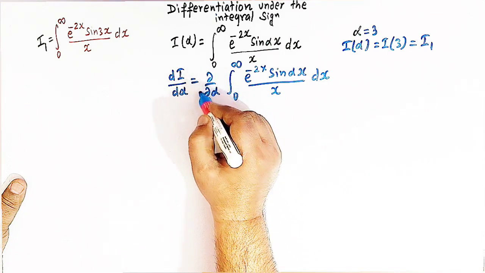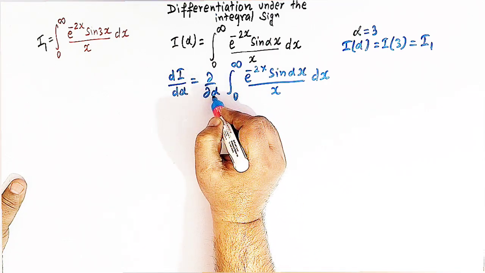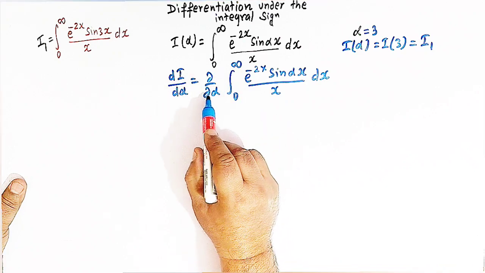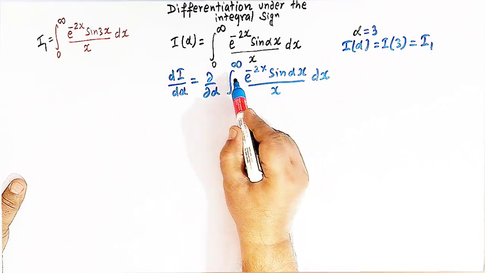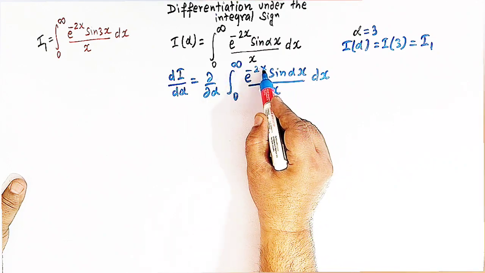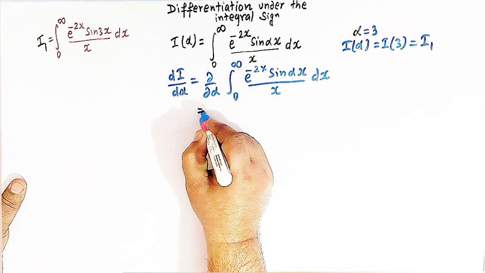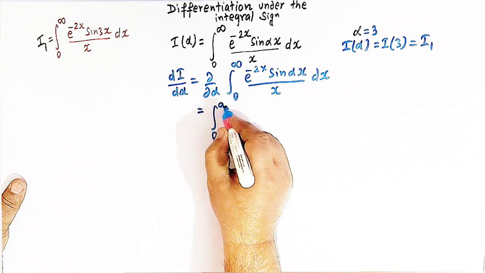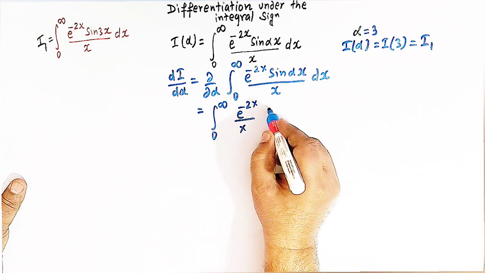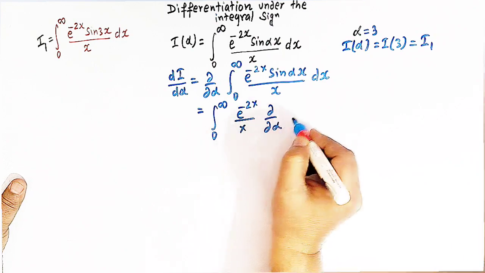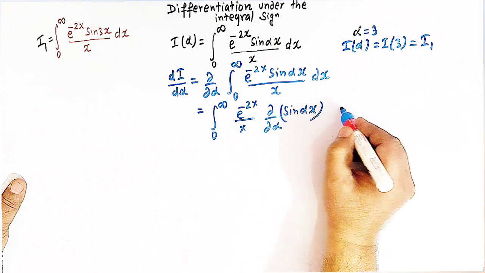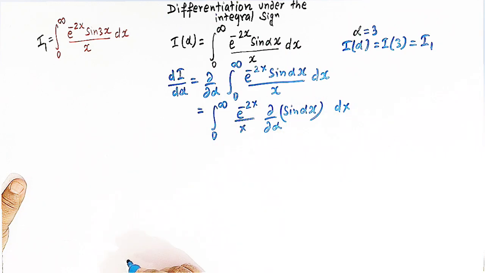Now taking this operator, because del over del alpha is the derivative operator, let us take this operator inside the integral sign, right? And here keeping x as constant, we can now have 0 to infinity e raised to minus 2x over x, and we have del over del alpha of sine of alpha x, and here we have dx, right?